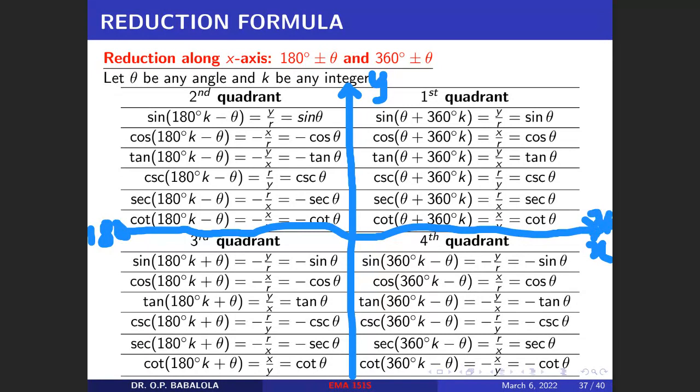This is 90, and this is what? 270. So we can either reduce along the x-axis between 180 and 360, or we reduce along the y-axis between 90 and 270 degrees. That's what it means by reduction along the x-axis or along the y-axis. All right, I hope that is clear.